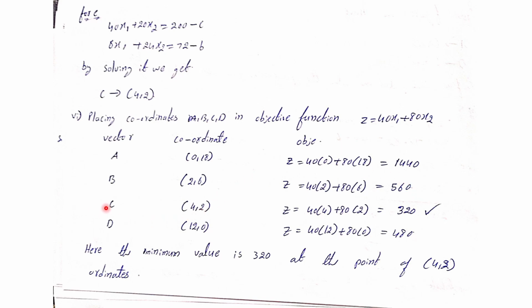For C, values 4 and 2, place them in x1 and x2. By solving it, we get 320. And D coordinates 12, 0 are placed in x1 and x2. By solving it, we get the Z value as 480. Among these four values, the minimum value is 320. Hence, we get the minimum value as 320 at the point 4, 2.